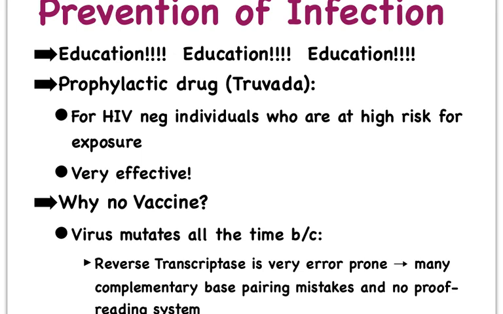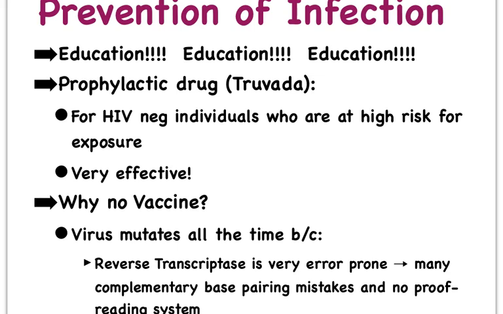So this is great. So you might wonder, why do we still not have a vaccine for AIDS? My goodness, it's been around for almost 40 years now. Well, a lot of that has to do with the fact that this particular virus mutates very easily and all the time. Of course, really, viruses do that, period.